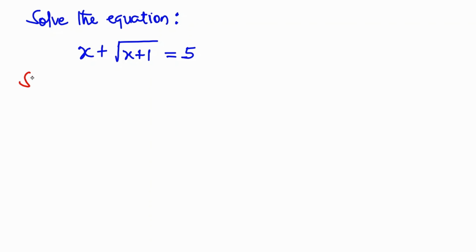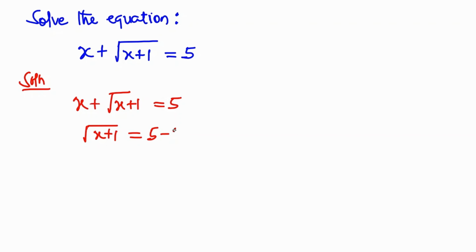So here we have our solution, and we have x plus square root of x plus 1, which is equal to 5. What we can do here is to group the radicals at one side and the rational numbers or the non-radical numbers at one side. So in this case, we are going to have the square root of x plus 1 here, and then we transpose the x to where the 5 is, so that is 5 minus x.